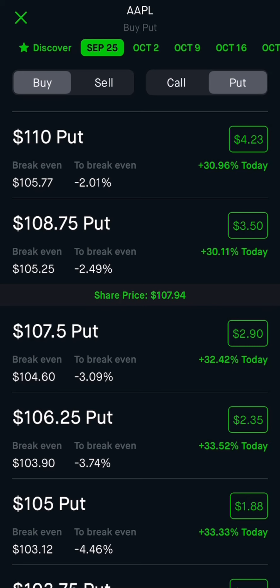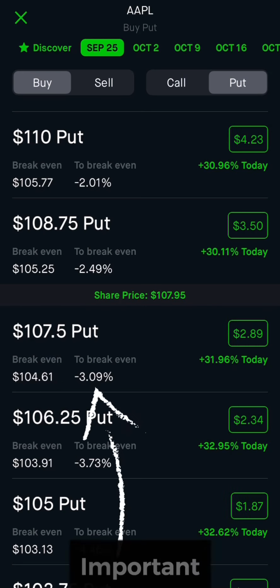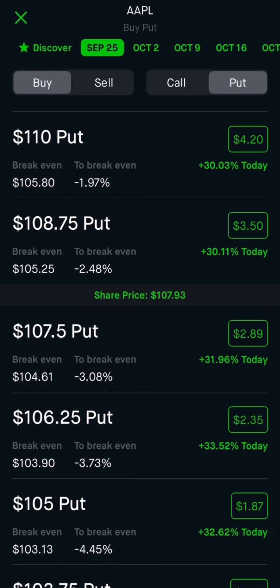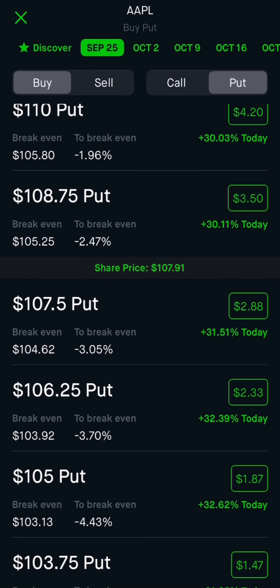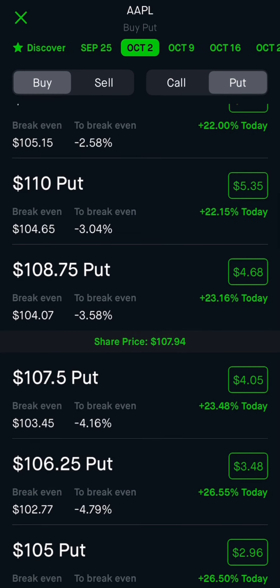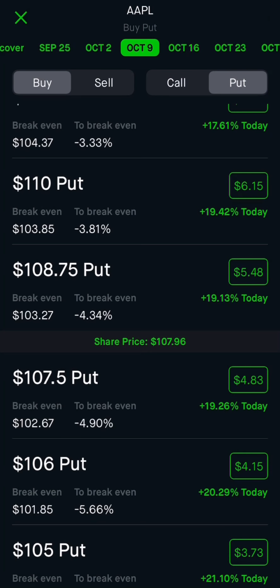And right here, you'll see 107.5 put. So it says to break even 3%, right? Negative 3%. Break even $104. So far, these are the most important things to look at: the September 25th date, or you can pick October 2nd if you want, or October 9th, whatever you want to pick.